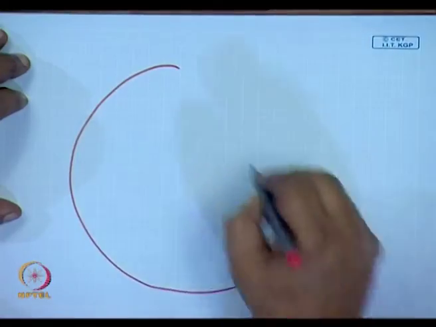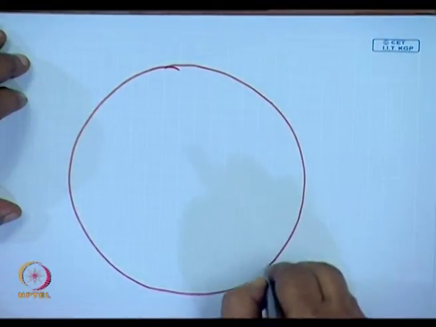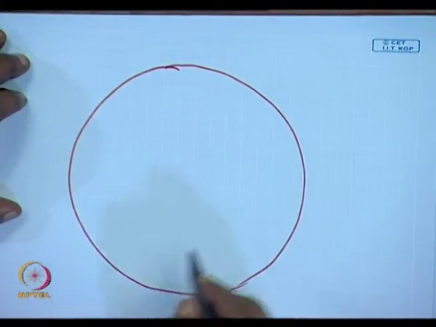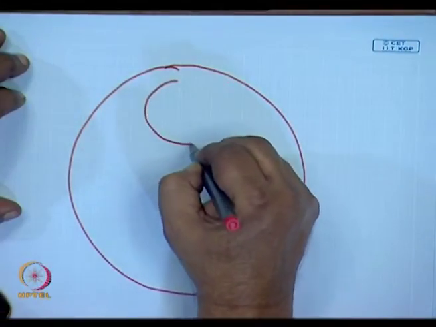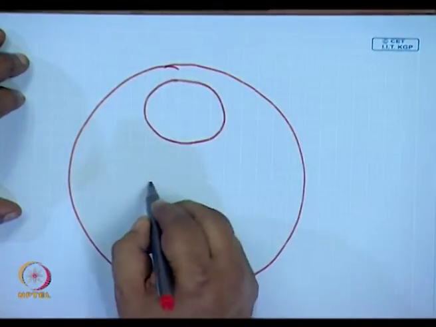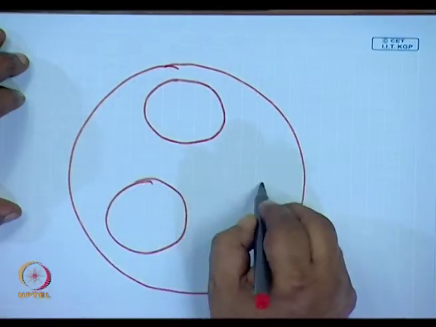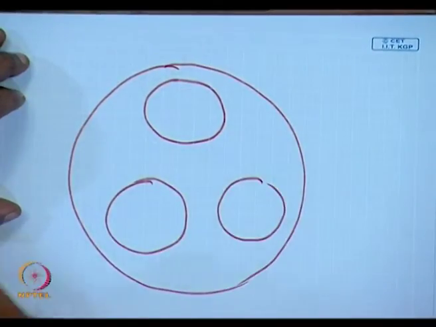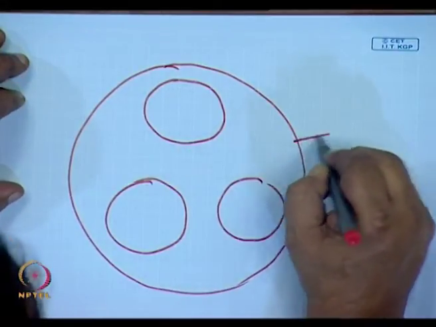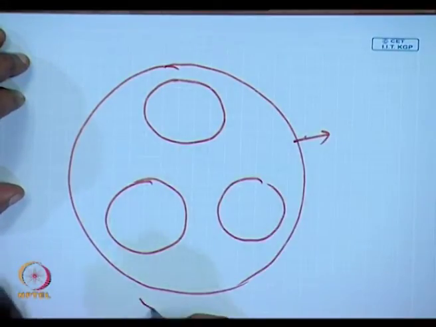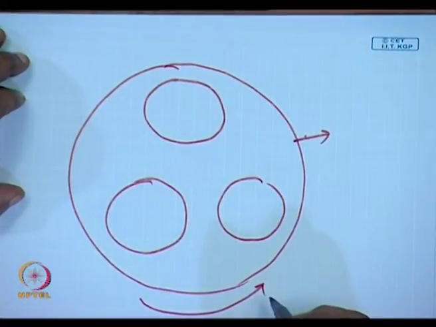Let me say, in planetary ball milling, what we have? We have a turntable which is rotated, and here are 3 jars. This turntable is rotated around this axis.